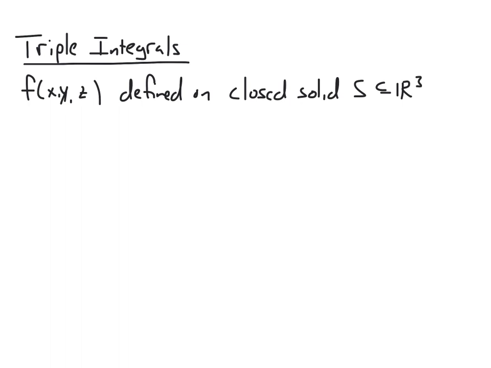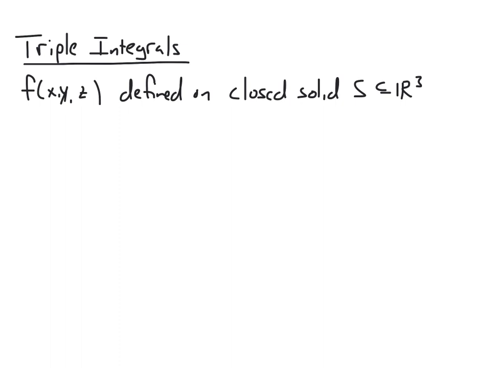A standard integral from single variable calculus involved a function with one variable defined on a portion of the real line. A double integral involved a function of two variables defined on a region in the plane. And here we have a function of three variables that's defined on some portion of three-dimensional space.